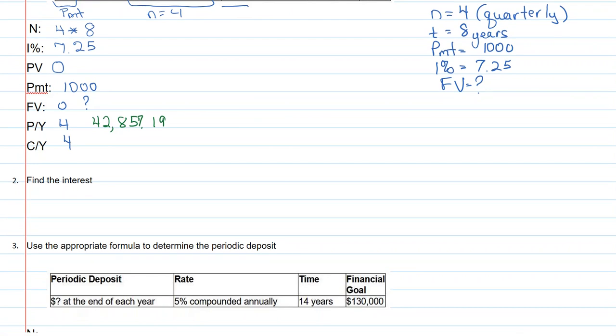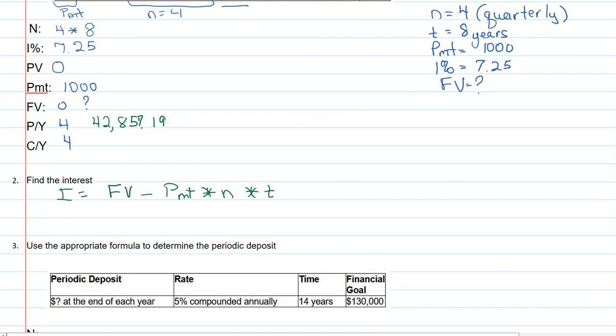So now we want interest earned. So we know I equals the future value minus our payment, which is our deposits, times the number of payments per year, times the years.